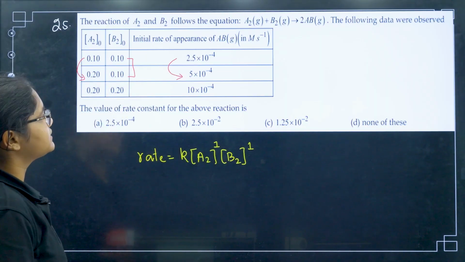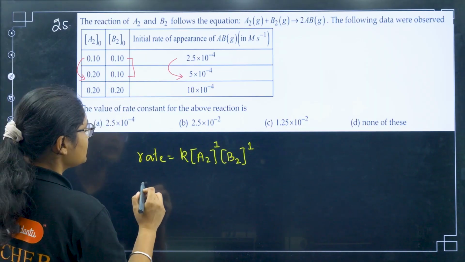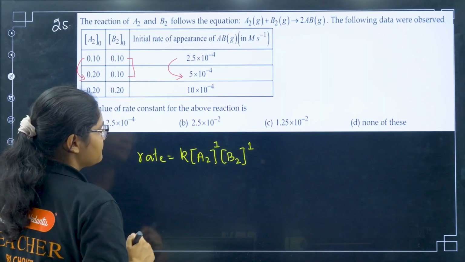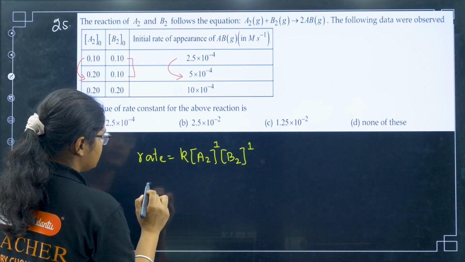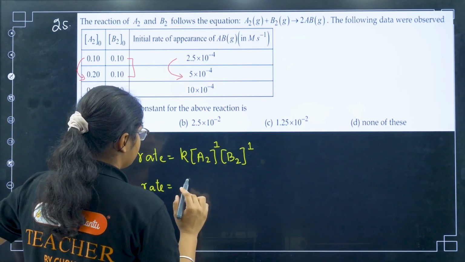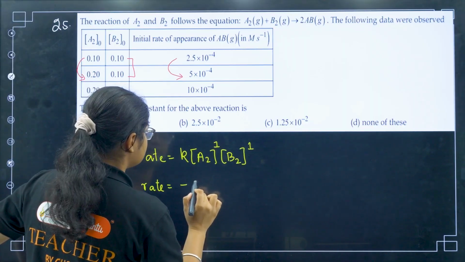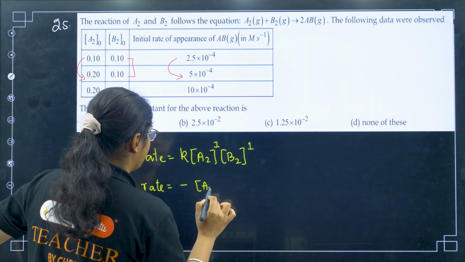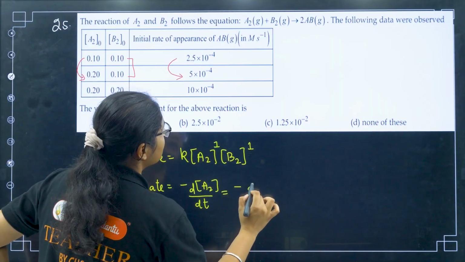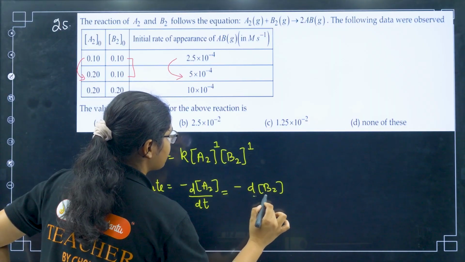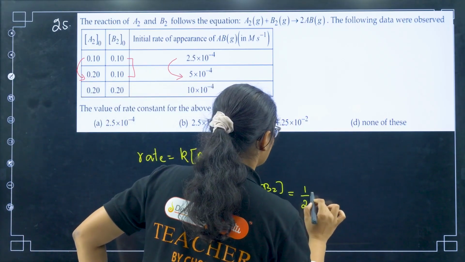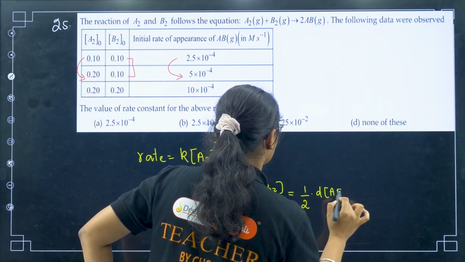Okay, now the question, if I want to write that, you have to write what? The following data was observed, the value of rate constant. Okay, fine. So I can write like this, rate is equal to minus dA2 by dt equal to minus dB2 by dt, is equal to 1 by 2 of dAB by dt.